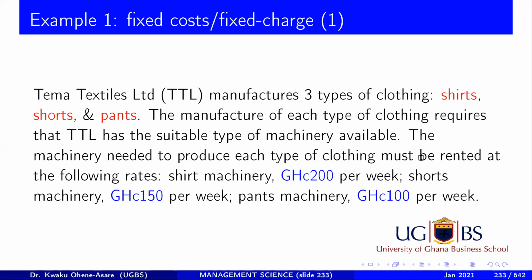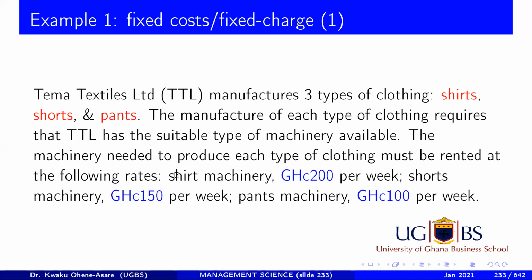You cannot produce pants unless you have the pants machinery bought, because that's what you're going to use to do the production. However, you will only buy a shirt machinery if you know you are going to produce shirts. If I know I'm not going to produce shirts, why will I go ahead and buy 200 CDs every week for shirt machinery?